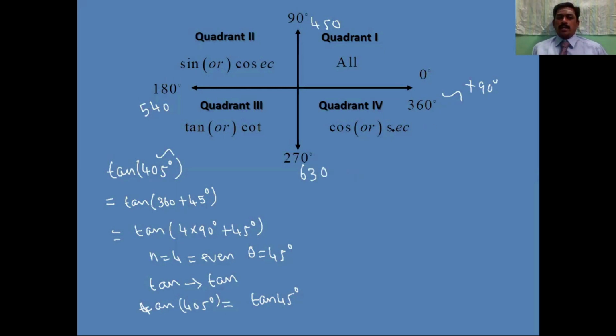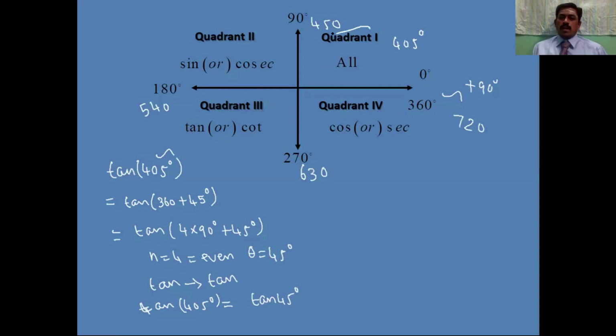If you add 90 to 540, you will get 630. If you add 90 to 630, you will get 720. Like this we can increase the quadrant values. Now we can check where the 405 lies. The 405 lies in the first quadrant. Here it lies.